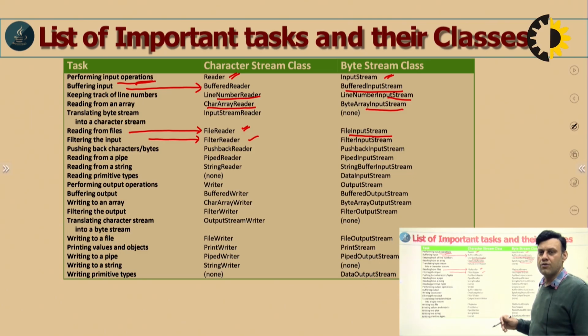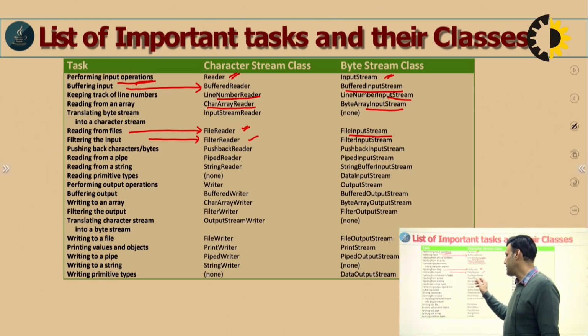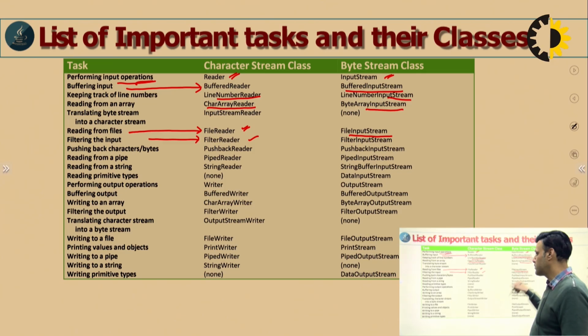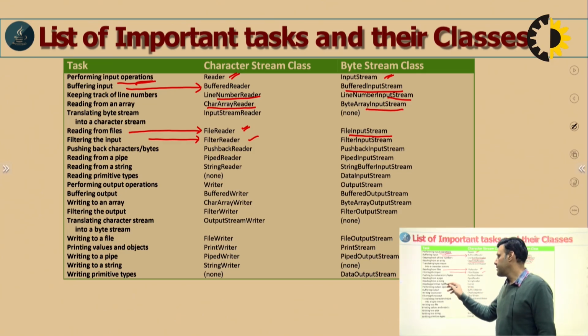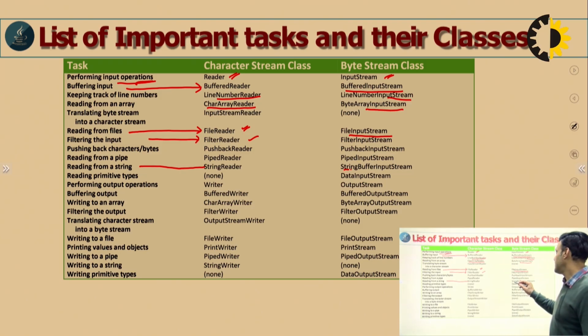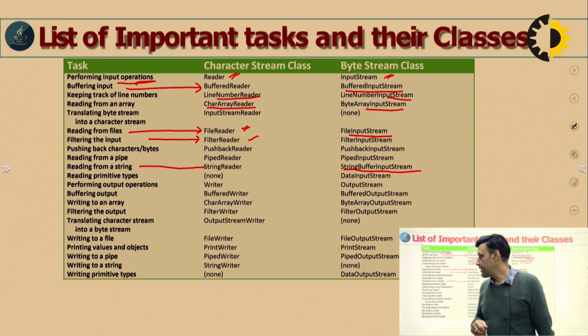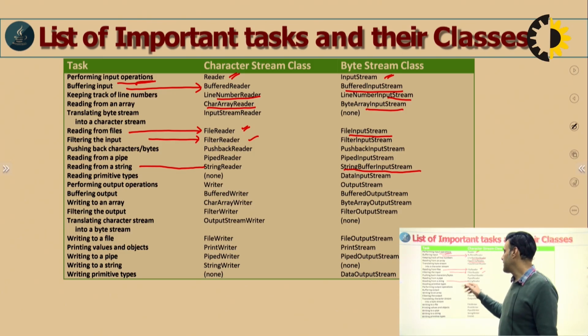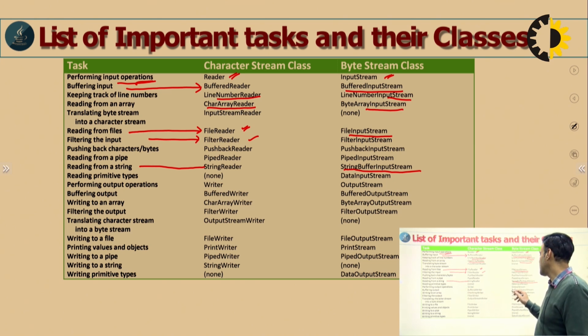So there are a lot of identical names, right? Pushing back character or byte: push back reader, push back input stream. Reading from a string: you make an object of string reader class, and using byte stream, string buffer input stream. Reading primitive types: character stream doesn't have any subclass for it, but the byte stream has data input stream.